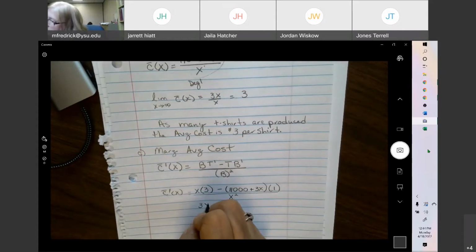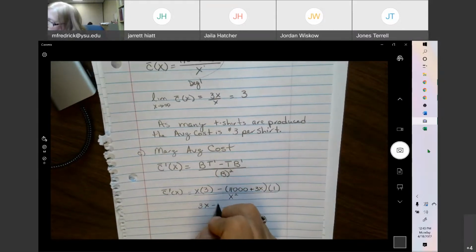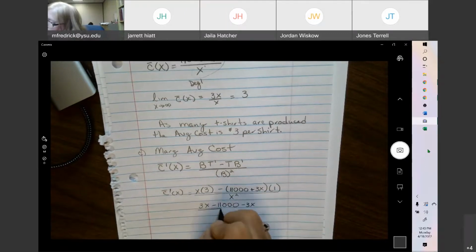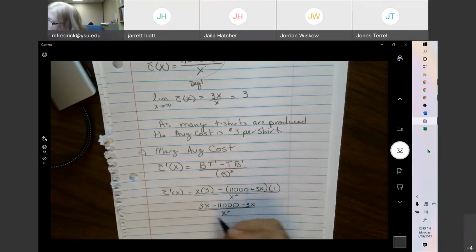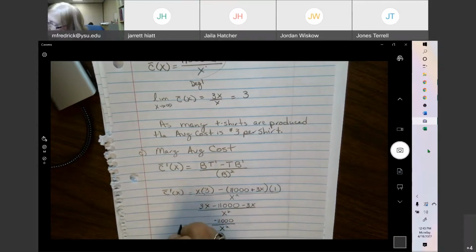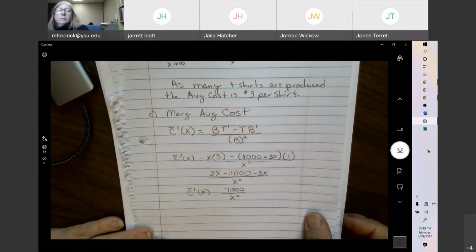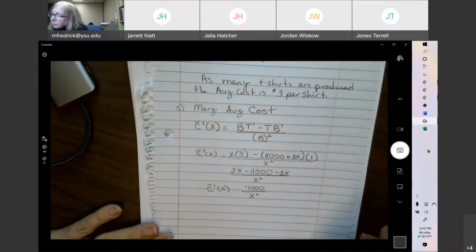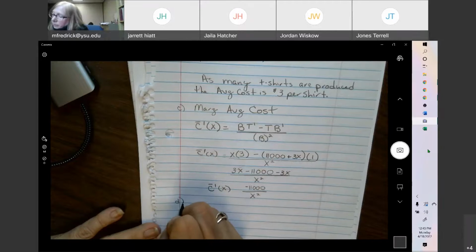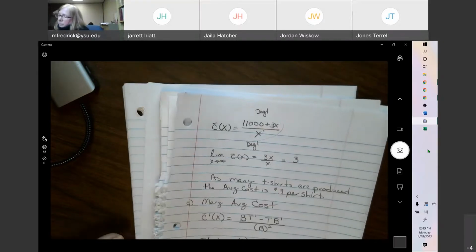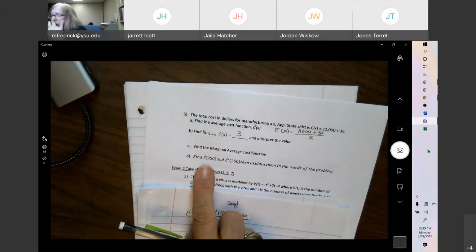We'd have 3x distributing. We have a negative 11,000 minus 3x. 3x's cancel. Okay. We want to find these two.